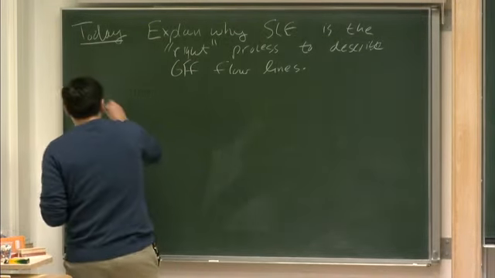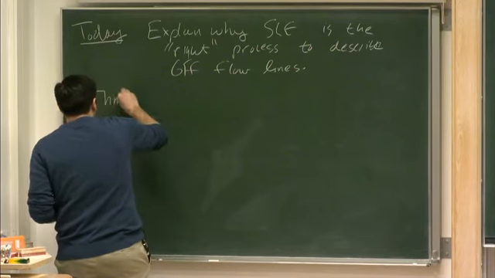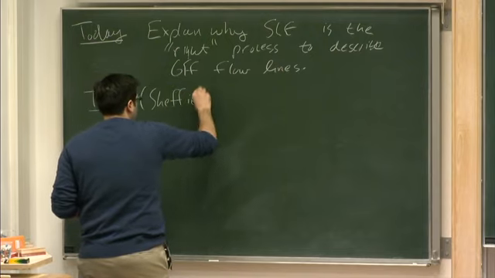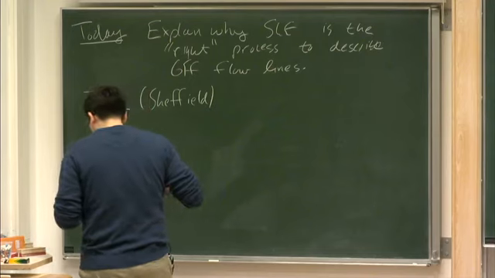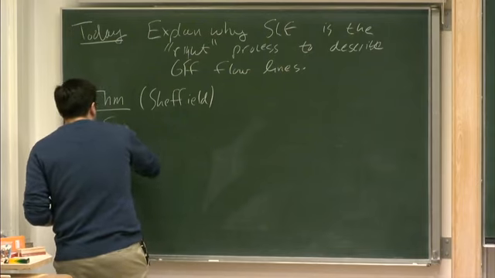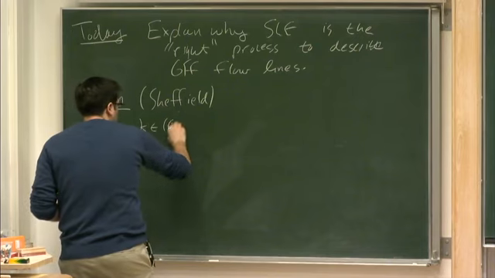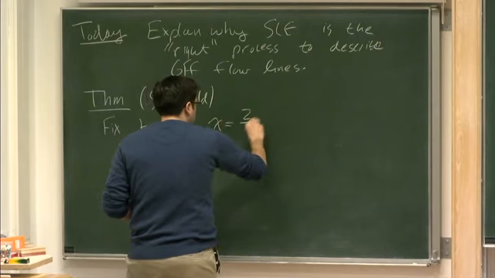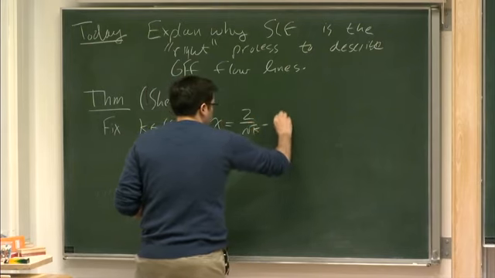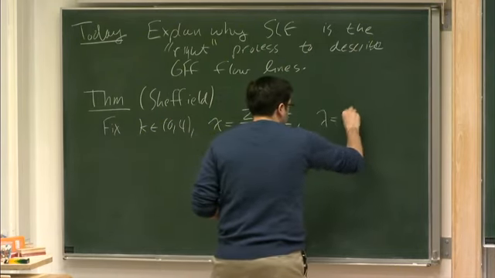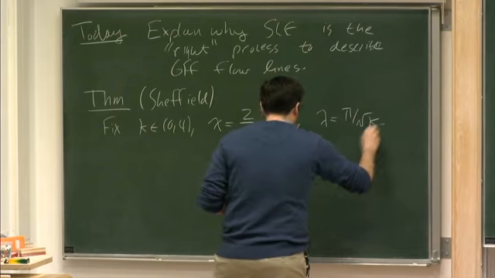Before I do that, let me go back and remind you of the theorem statement due to Sheffield that gives you the form of the SLE Gaussian free field coupling. The statement is that you fix kappa between 0 and 4, and you have this constant chi, which is 2 over square root kappa minus the square root of kappa over 2, and another constant lambda, which is pi over square root of kappa.